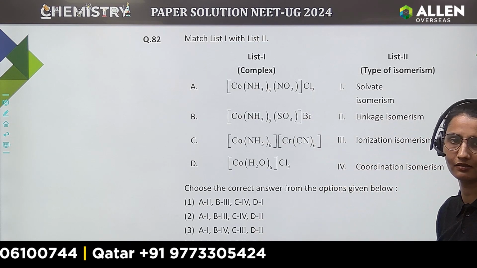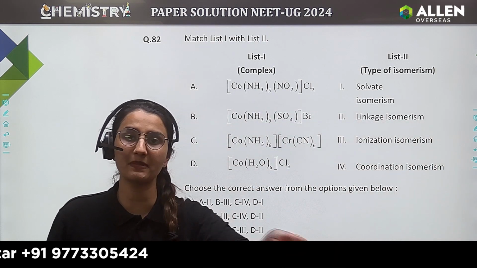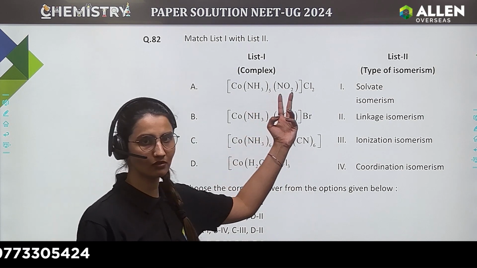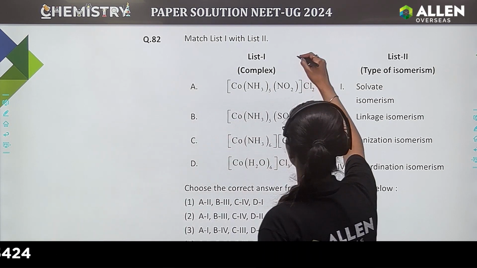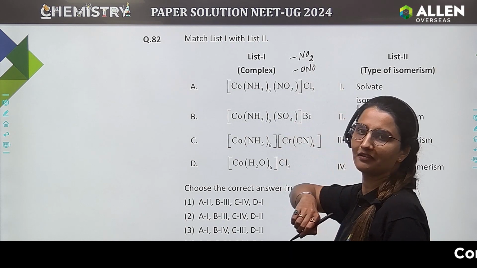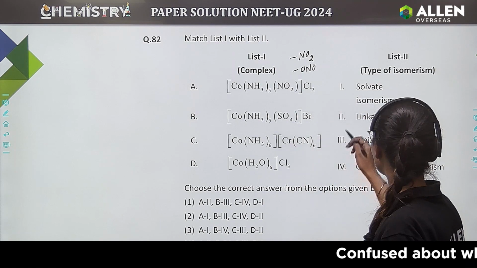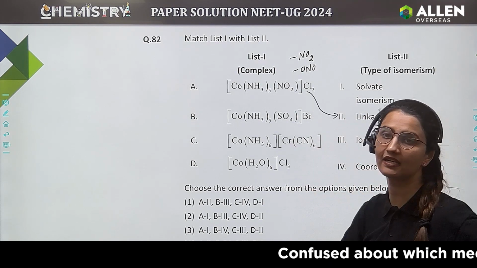Okay, students, whenever we have an ambidentate ligand, here can we see NO2? It can link as NO2, it can link through O also. Whenever an ambidentate ligand is present, it always shows what? Linkage isomerism. Linkage can be different.